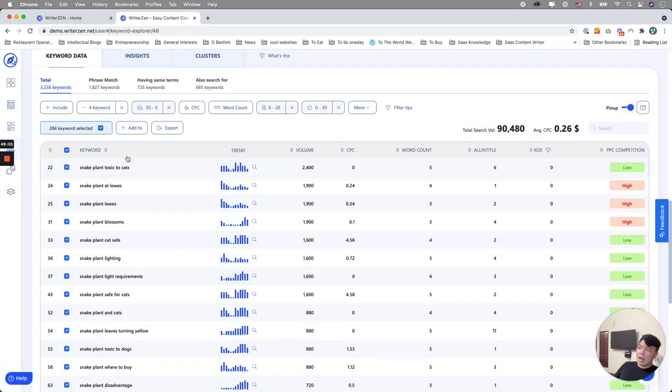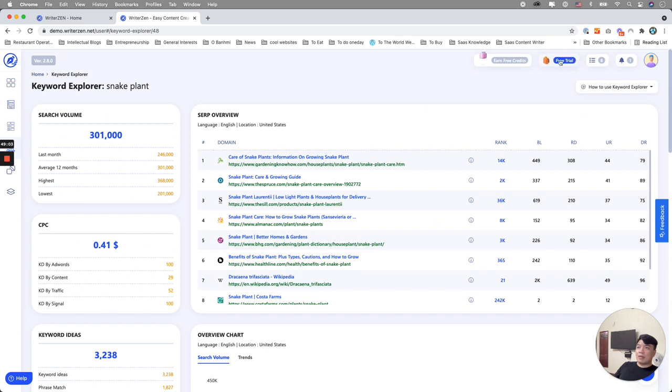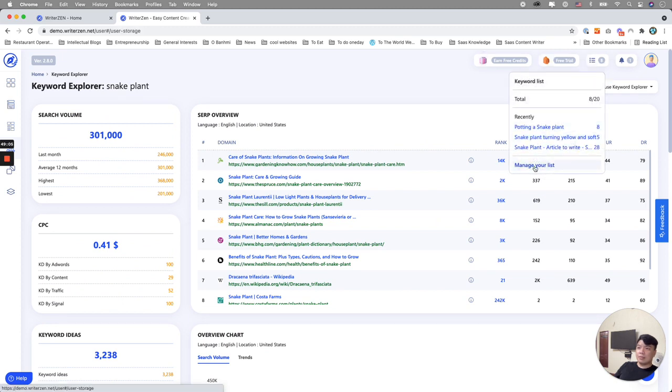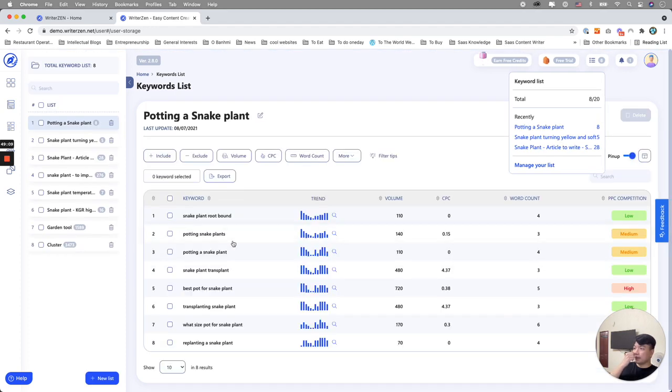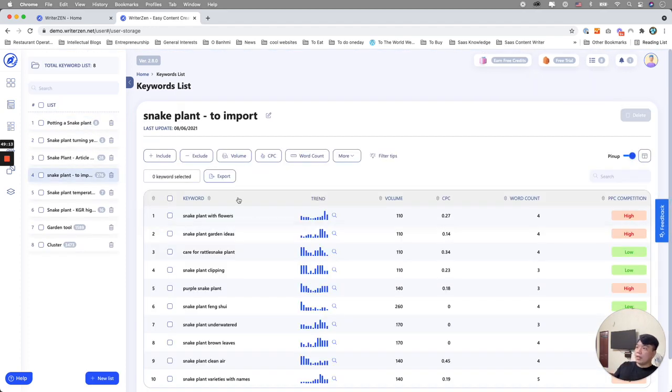So I already have the list set up here, so you can access your list from here. And I saved that as snake plant to import, right? Why to import? Because right now you finish the first step, you find a list, but how do you know how do you group these keywords together into a certain cluster, right?